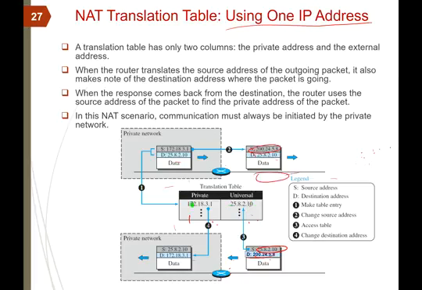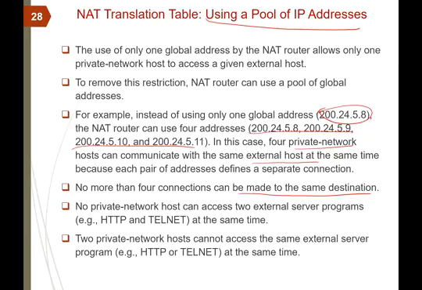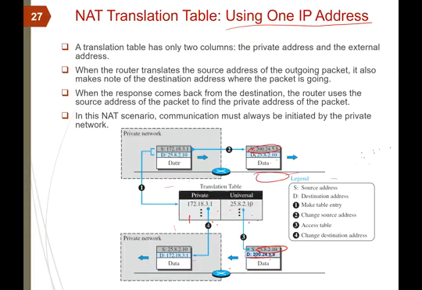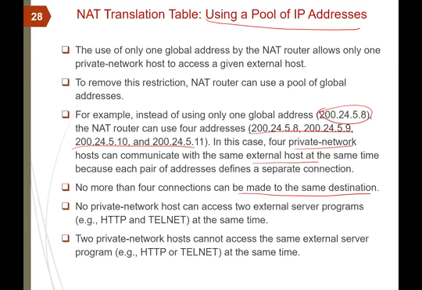So here you will not have ambiguity in this translation table, because they'll have different addresses here. I think in the next one it will be clear.